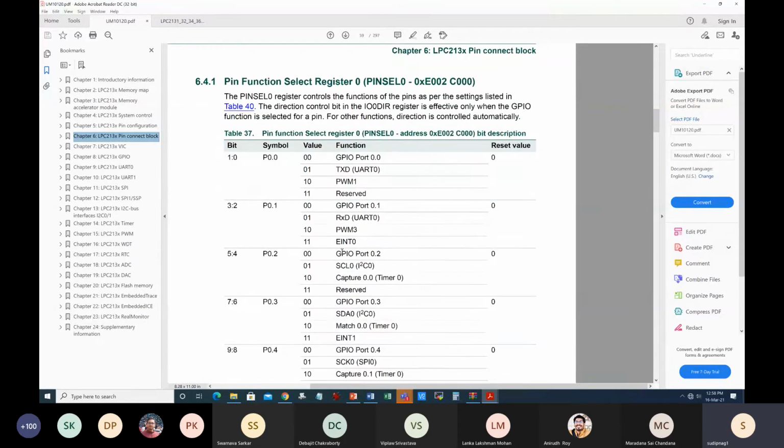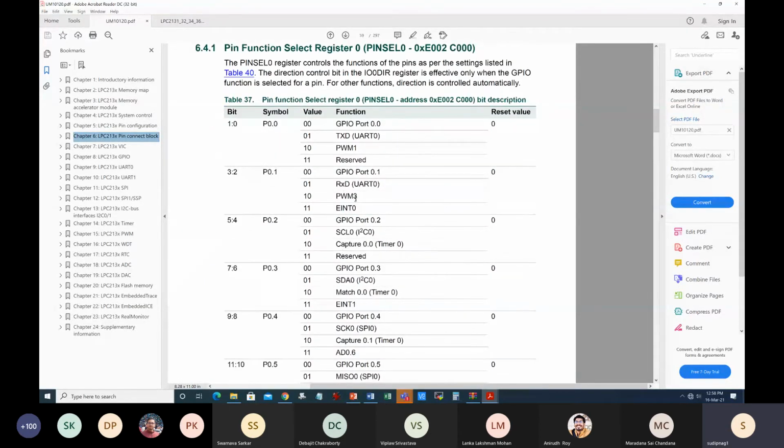You can see in this list UART, PWM, I2C serial data, timer match, SCK which is again I2C, analog to digital. Basically, all peripherals must first be configured with pin select 0, 1 or 2.